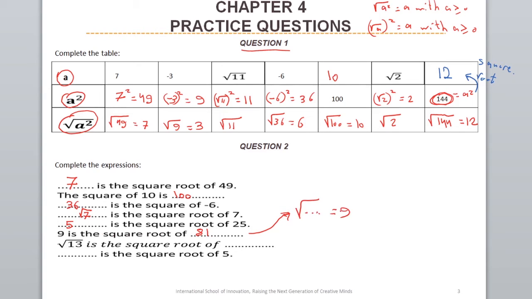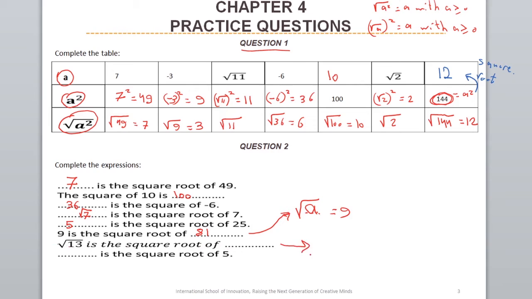Radical a gives 9, so what's the value of a? I already know that 81 is the square of 9, so 9 is the square root of 81. Right. Radical 13 is the square root of what?